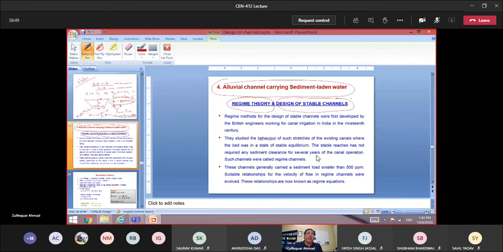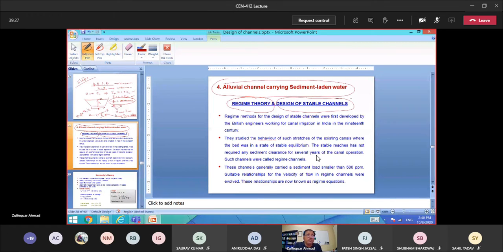Okay, and also the regime theory, right? But the first theory that is documented is by Kennedy, right? And then Lindley, and then Lacey, right? So we'll discuss here mainly the two proposed by Kennedy and Lacey, because Lacey is very common, and you see this Lacey equation is frequently being used for the design of the stable channel.